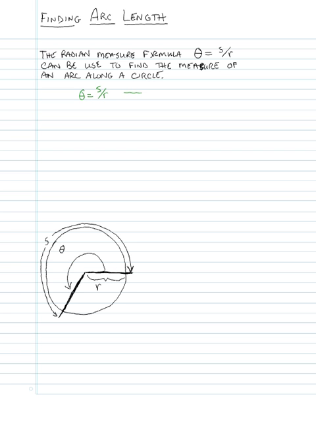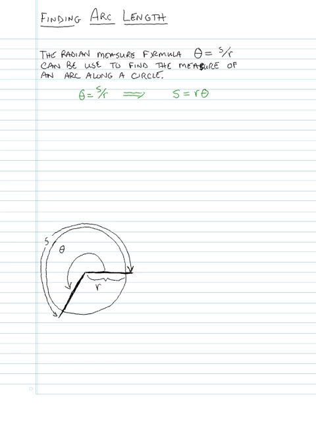Well, we could actually go backwards. If we multiplied both sides of that equation by R, we'd have S alone on the right side, and it would be R times theta on the other side. So that's what we want to do: multiply both sides by R, and then write it in this way.